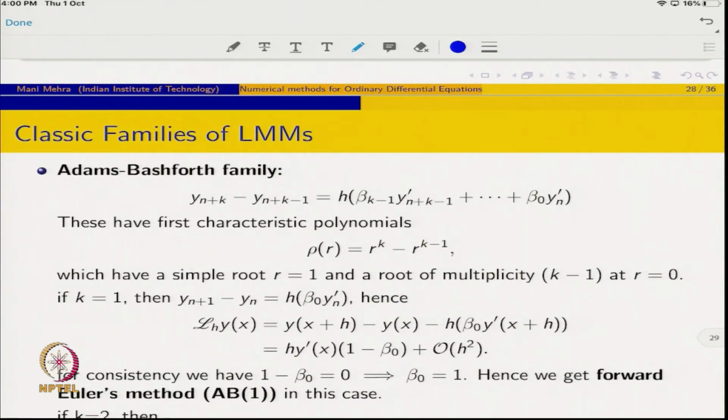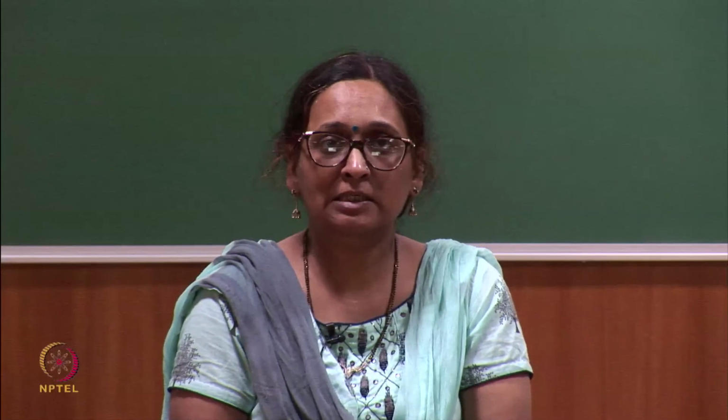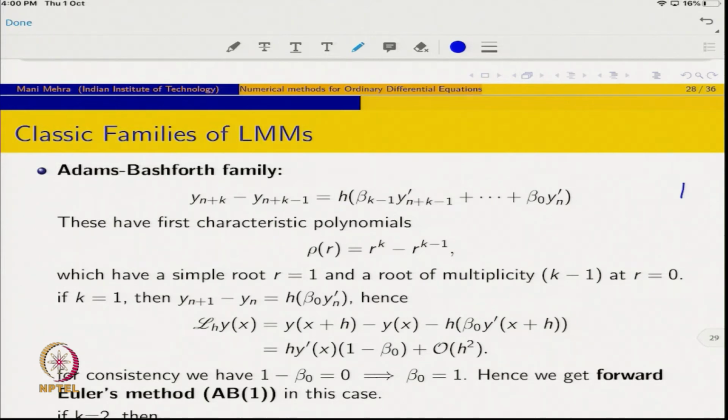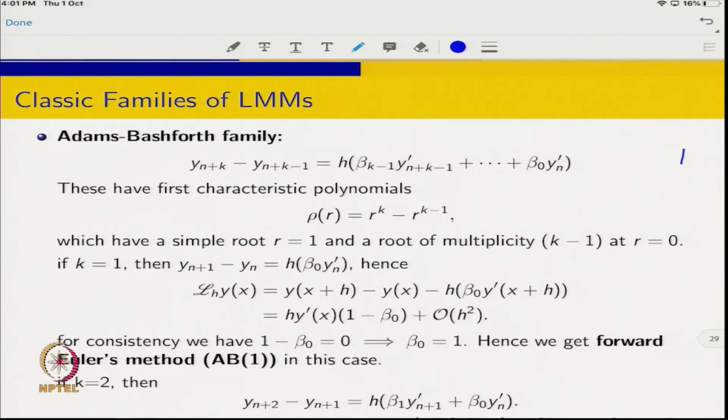Now, let me give you a more formal way of introducing these linear multi-step methods. The first category of methods which we have already seen is the Adams-Bashforth family, or some people call them formulas, methods, or rules.